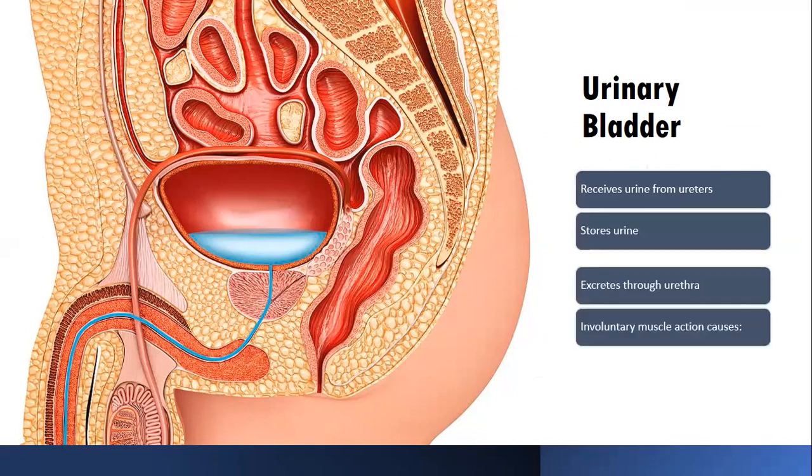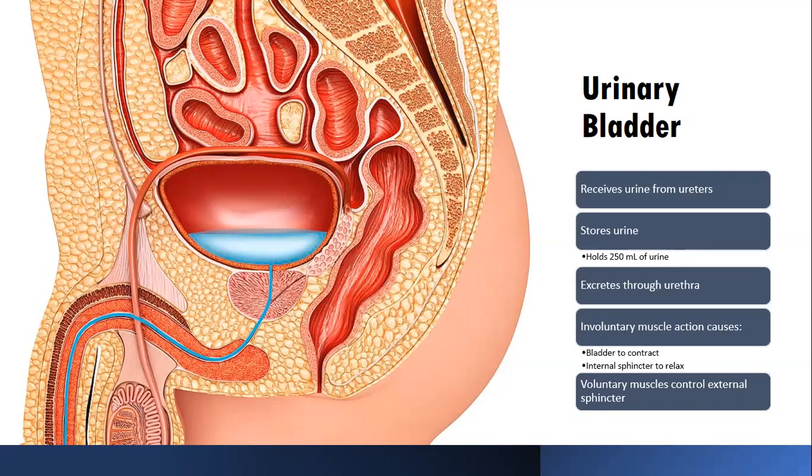Involuntary muscle action and voluntary muscle control of the external sphincter. It stores urine, about 250 to 500 mL. Involuntary muscle action causes the bladder to contract and the internal sphincter to relax.